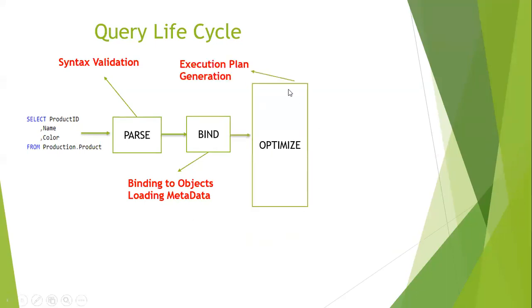So the query optimizer's work is to check the query and generate an optimal plan. Optimal plan as in, internally it checks thousands of plans, right?